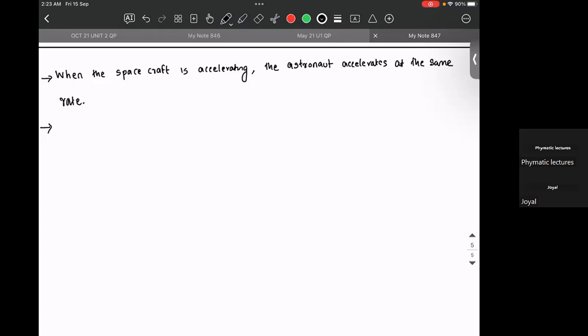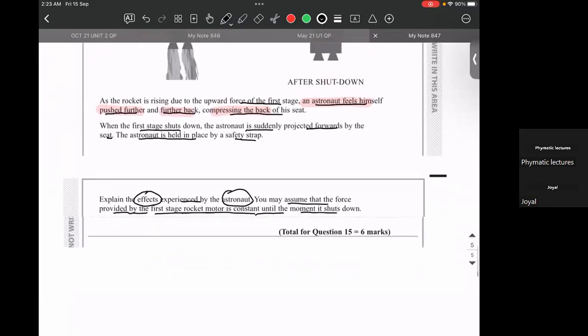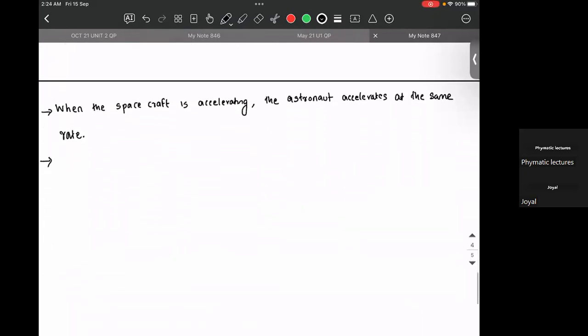So here we need to address why the astronaut feels himself pushed further and further back. According to Newton's third law, for every action there is an equal and opposite reaction.